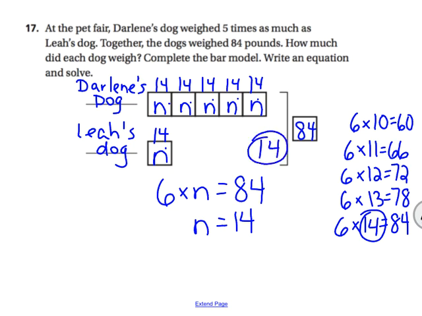But now we have to figure out how much Darlene's dog weighs. So how many 14s do we see? We see 1, 2, 3, 4, 5. So she's 14 times 5. Now, we don't guess. We go off to the side and we're going to figure out what 14 times 5 is.